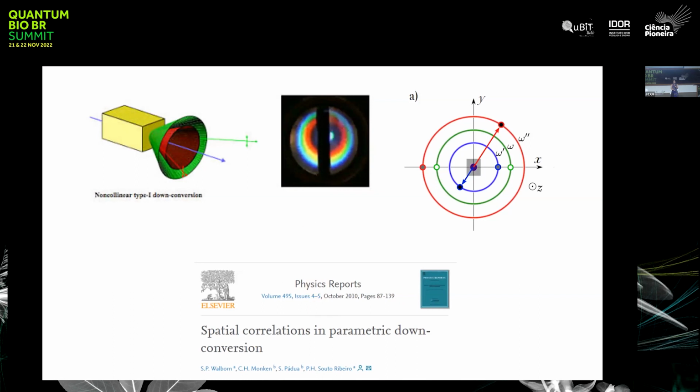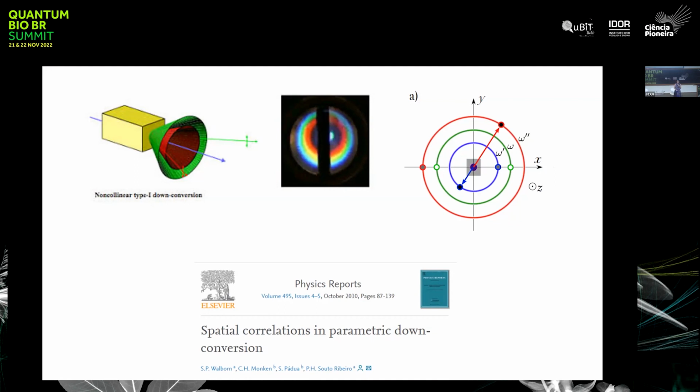And the fun thing about this is that I think Brazil is a pioneer in developing the theory and the experiments behind the spatial correlations, which is what enables imaging with these photons.